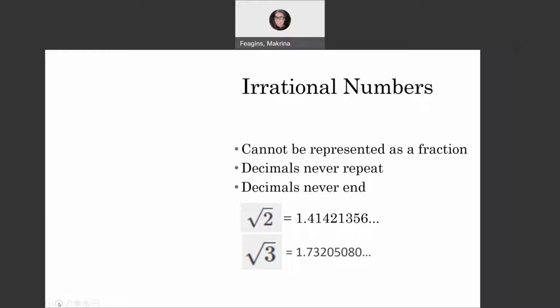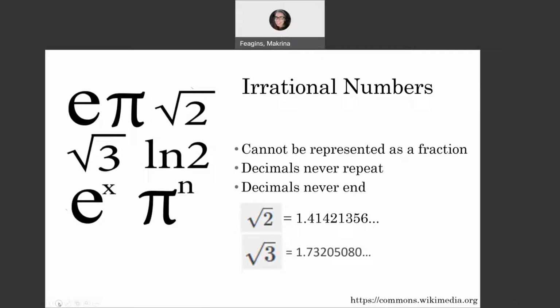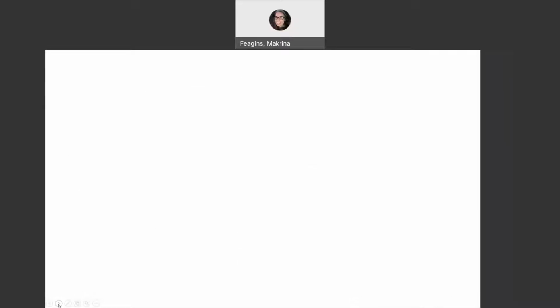Some of the classic examples that you probably saw in Algebra 1, Algebra 2, in high school: the square root of 2, the square root of 3, the letter e, which is actually a number, pi, where there have been new digits discovered in recent years, the natural logarithm of 2, e to the x, pi to the n. To begin with, those bases were already irrational, so if you use any powers on them, they'll be irrational numbers as well.